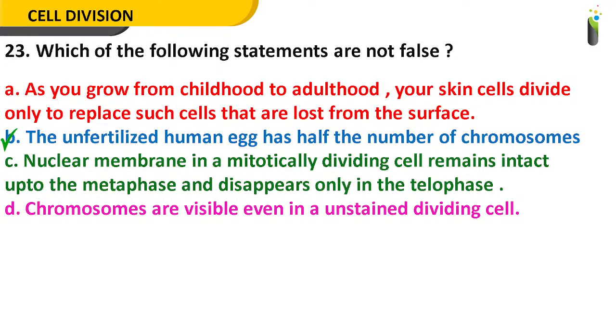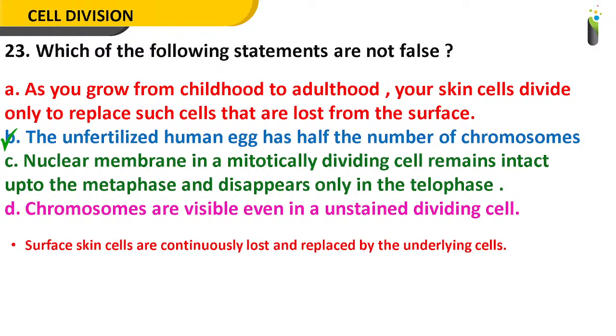Try to understand this. Option A says, as you grow from childhood to adulthood, your skin cells divide only to replace such cells that are lost from the surface. That's a mistake. It's not a true statement. The reason is surface skin cells are continuously lost and replaced by the underlying cells. Option B is definitely a correct statement.